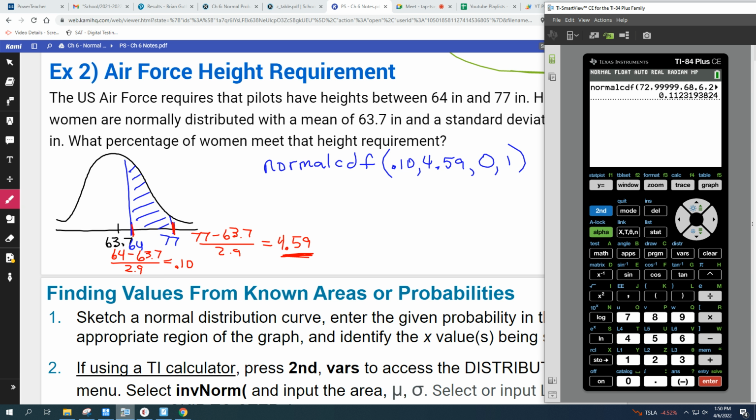Okay. So let's type that in. Second vars, normal CDF, and it was a 0.1 and a 4.59. 0 was my mean, standard deviation of 1. I get 0.4602.